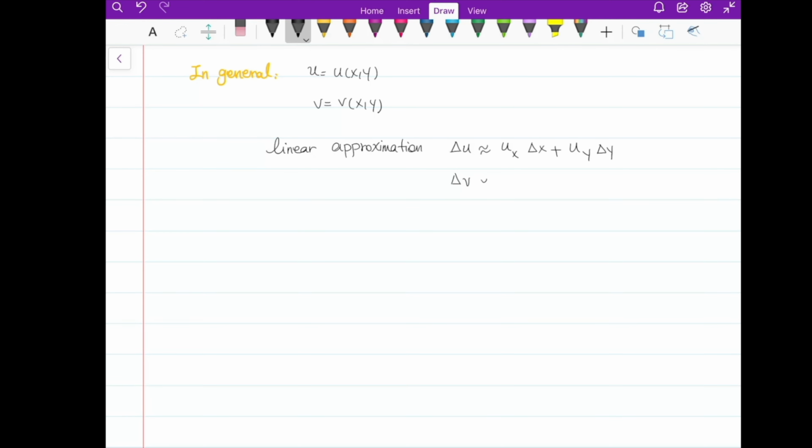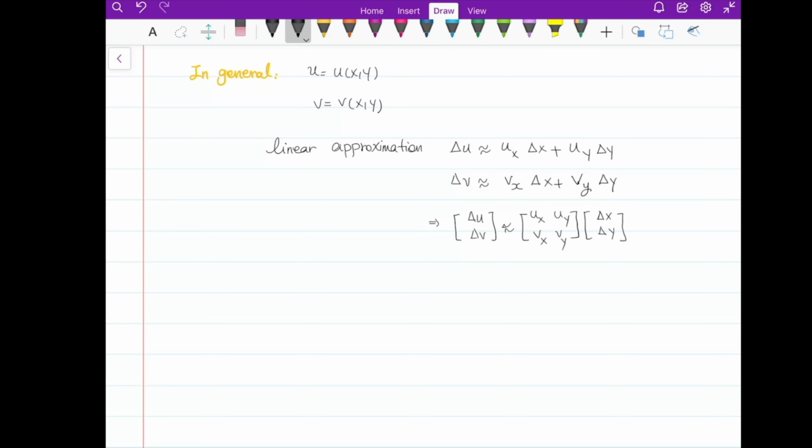It is the same for v: v with respect to x delta x plus partial derivative of v with respect to y delta y, which, if I want to write this in matrix notation, is delta u, delta v approximately a matrix, u with respect to x, u with respect to y, v with respect to x, v with respect to y, times delta x, delta y.